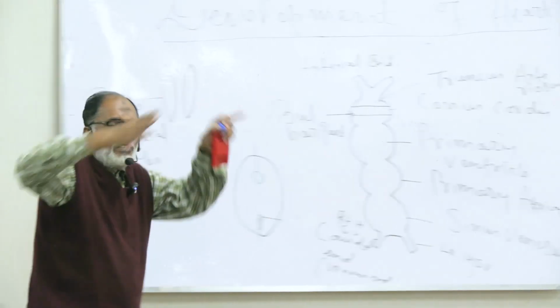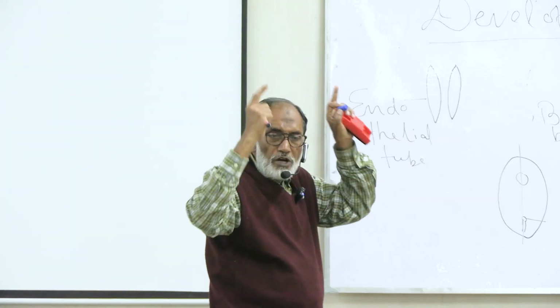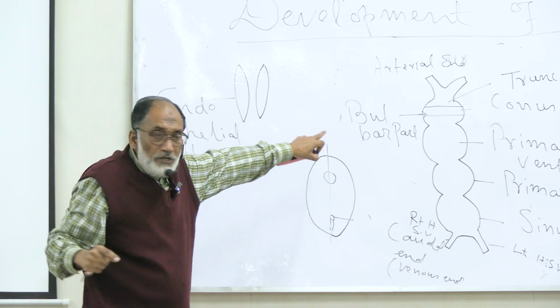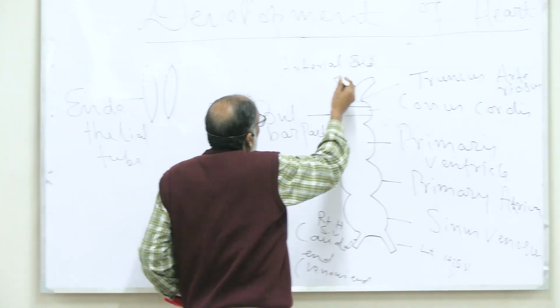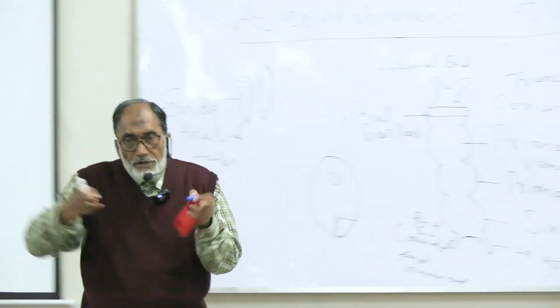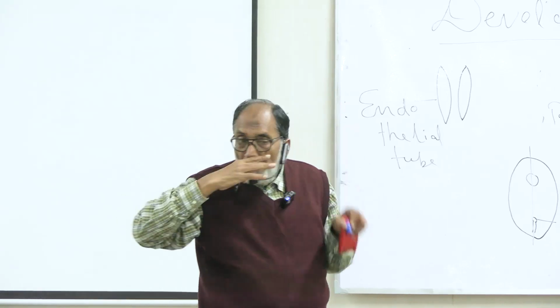This end passes by the side of the foregut, and this is the first pharyngeal arch artery. They will communicate with the dorsal aorta by passing by the side of the developing foregut.